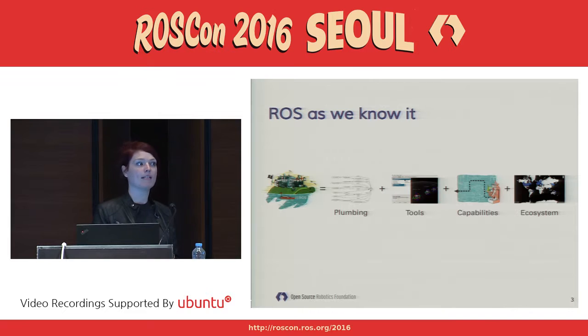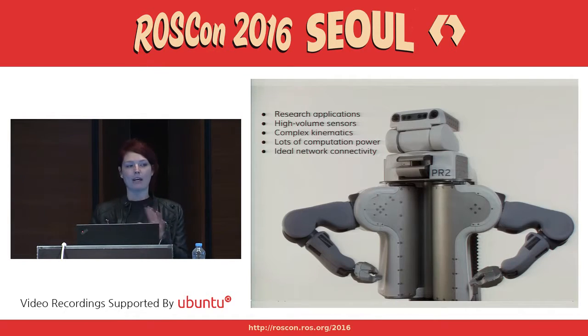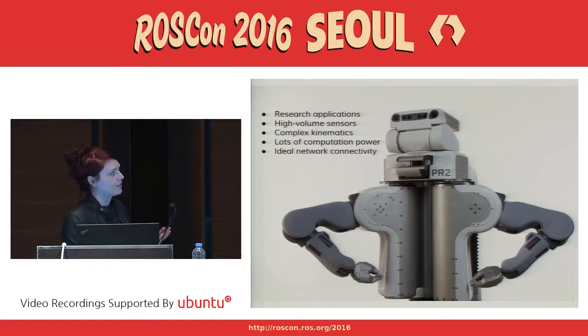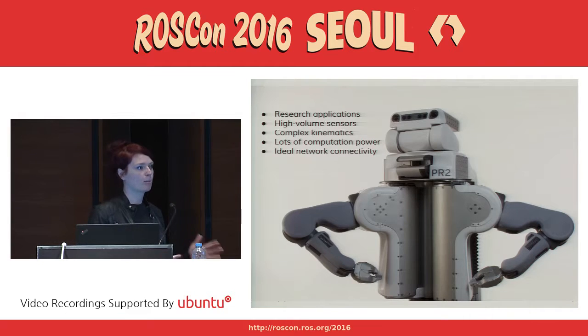ROS has been used on thousands of different robots now, and each of those robotic systems has a set of different characteristics. And depending on those characteristics, different systems will make use of different parts of ROS. So, for example, systems using the PR2 are typically characterized by having a research focus. They've got lots of sensor data to process, but also lots of computational power.